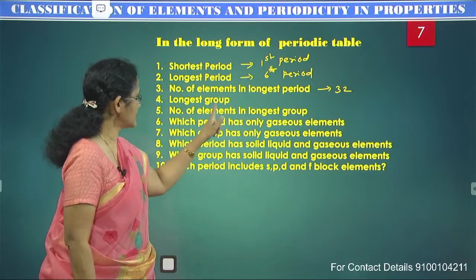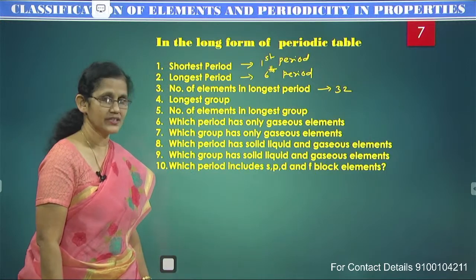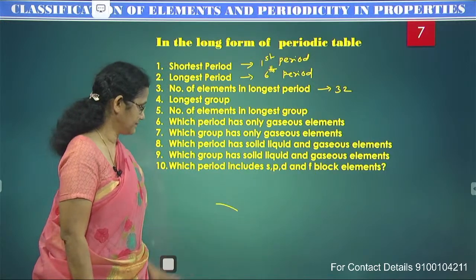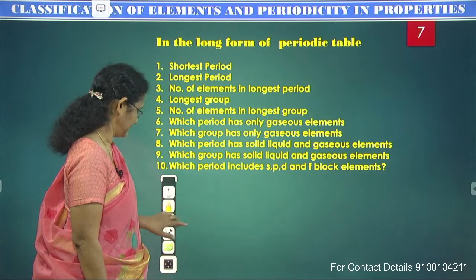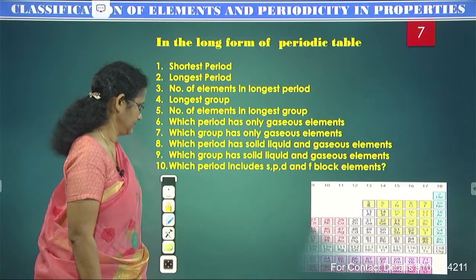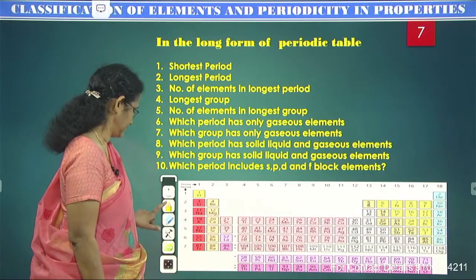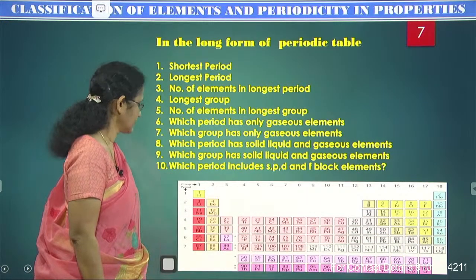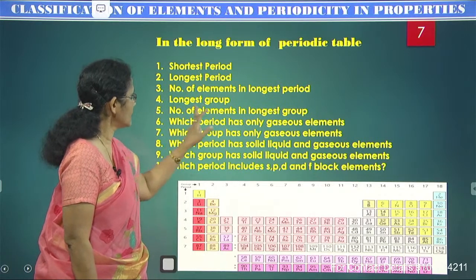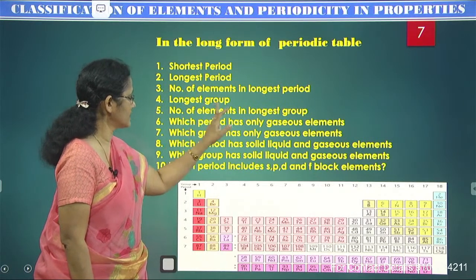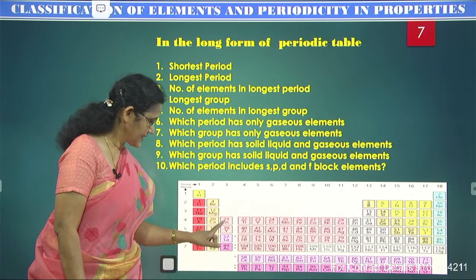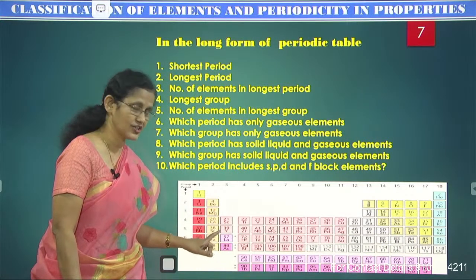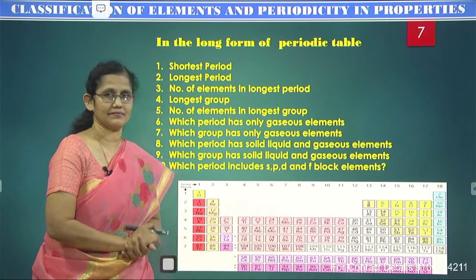Now, which is the longest group in the periodic table? See here, the longest group in the periodic table. See the third group, it has 4 elements, scandium, yttrium, lanthanum, actinium, right.